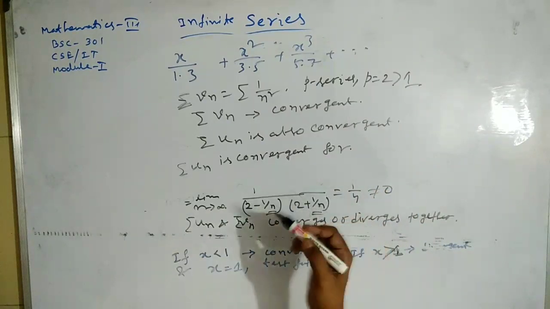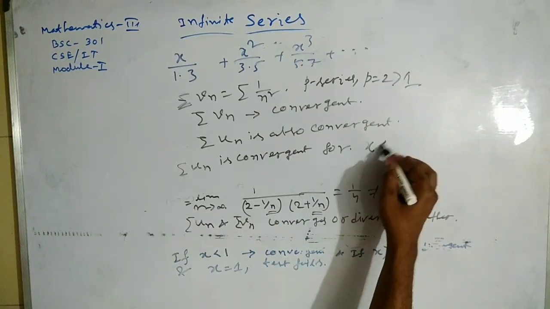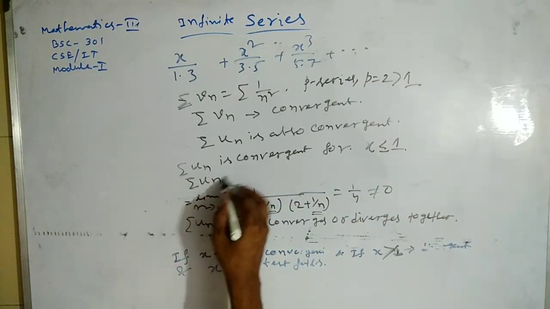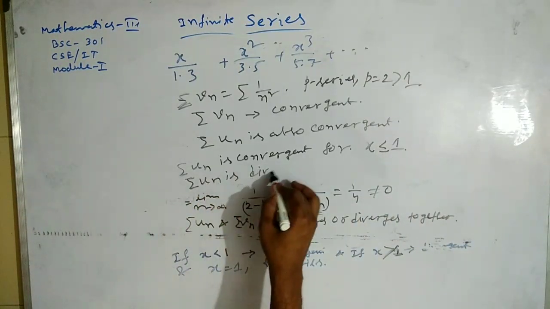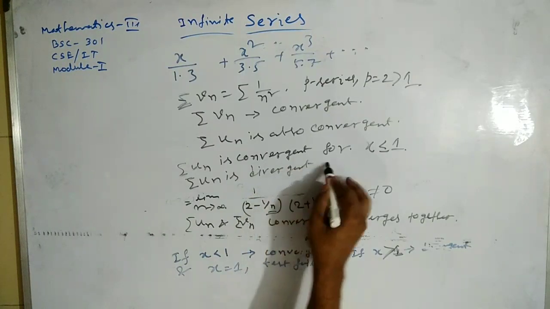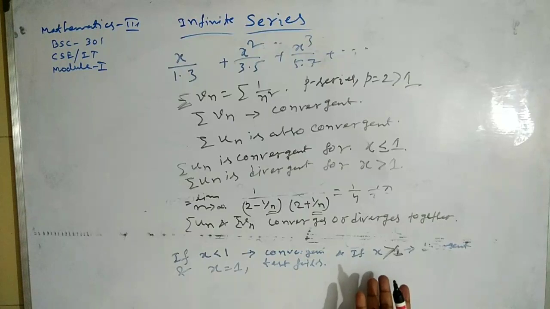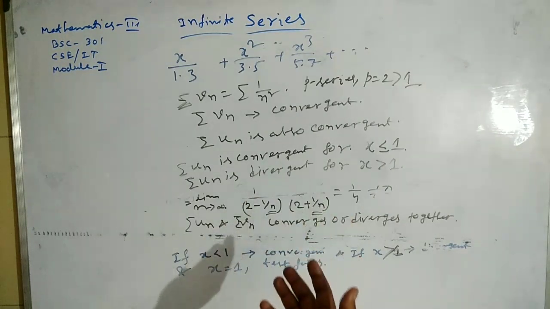So summation un is convergent for x less than or equal to 1, and divergent for x greater than 1. So this was the solution of the given series.